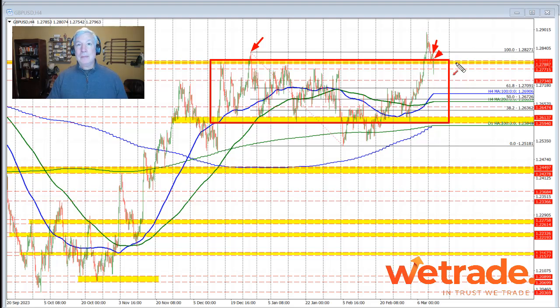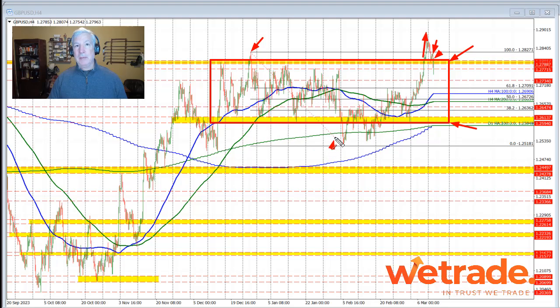We've got to get out of the red box and stay out of the red box to keep the buyers more in control, keep them more happy. Moving back into the red box is the opposite, and it disappoints those buyers who look for the break and to stay outside of this area that has defined most of the trading over the last number of weeks.